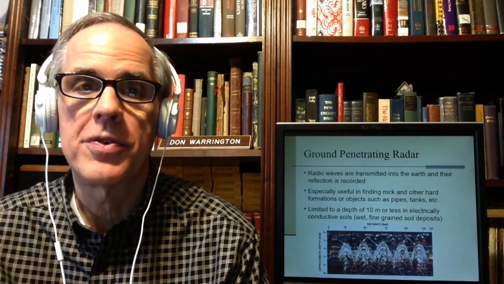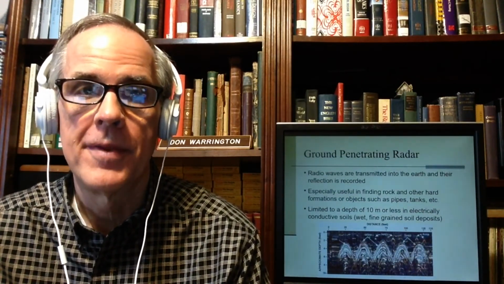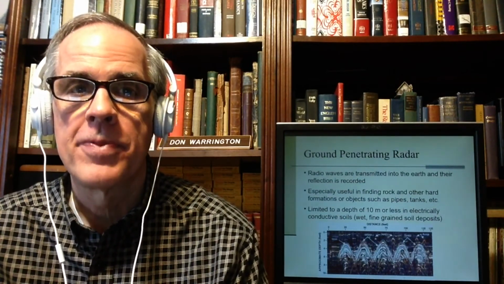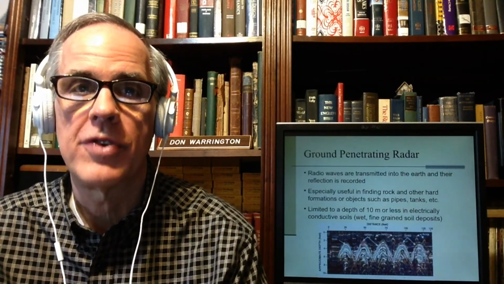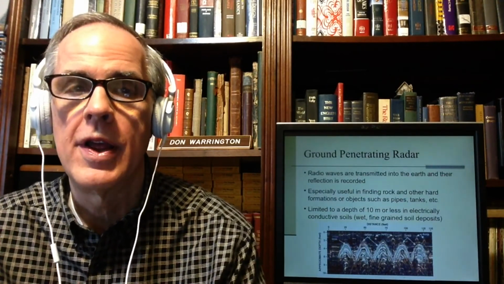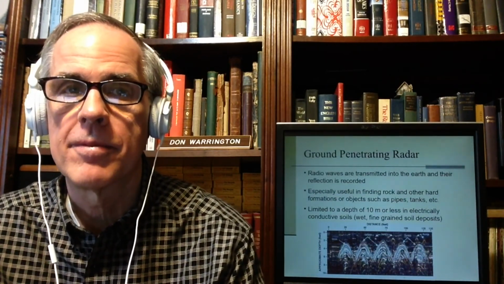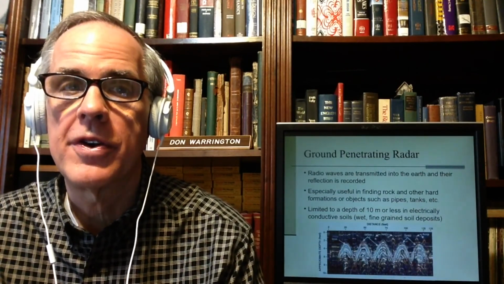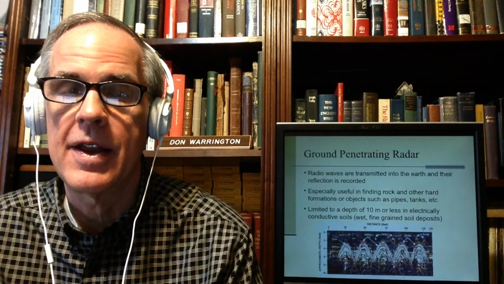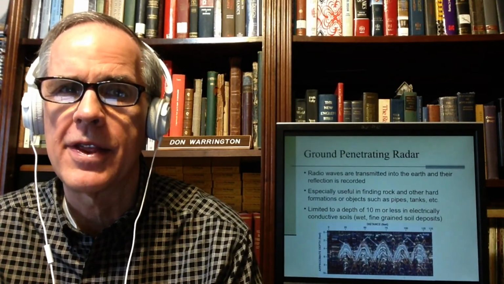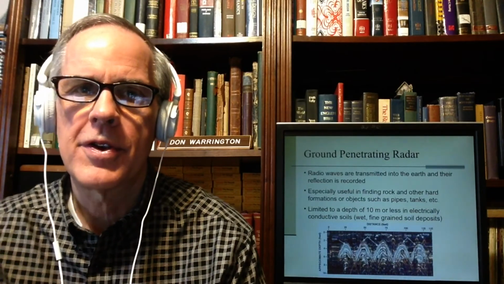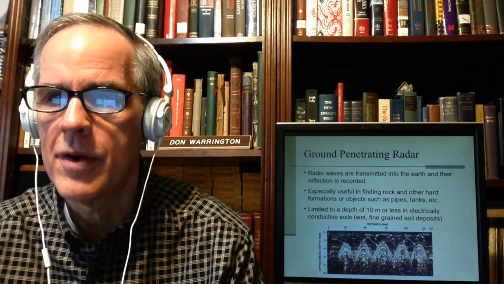This is one of the most important things about geotech in general: it's nice to have historical information, and historical information is an important part of geotechnical site planning, but it's also good to have verification of that. And ground penetrating radar for that kind of thing is pretty good, even at its limit of 10 meter depth. Good to know that.